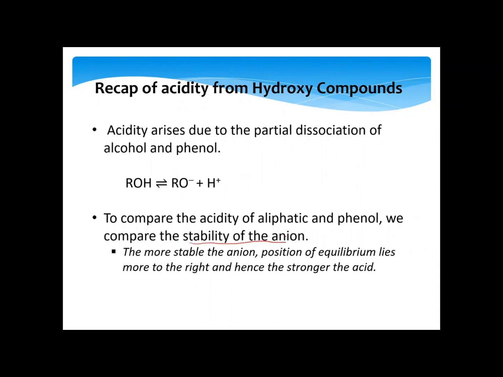If you recall, the more stable the anion, the more the position of equilibrium will lie to the right, and therefore the acid will be a stronger acid. So we will apply a similar concept to carboxylic acid. We look at the stability of the carboxylate anion, the RCOO minus.